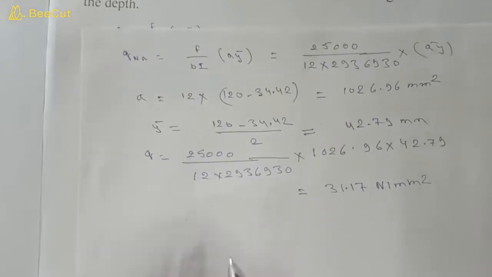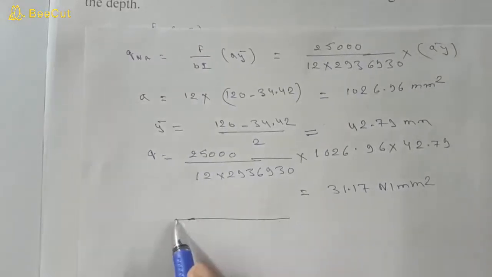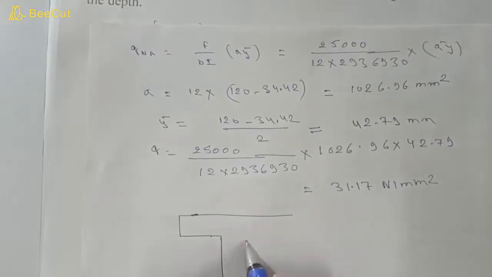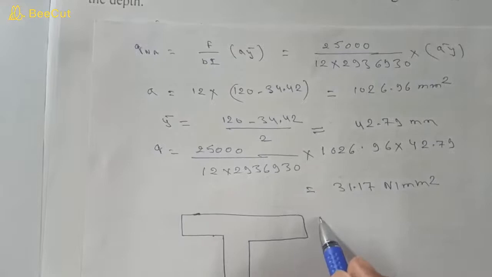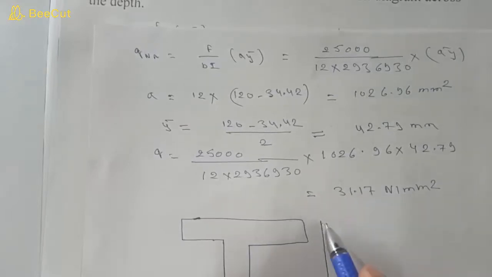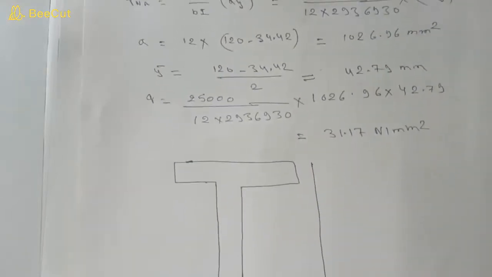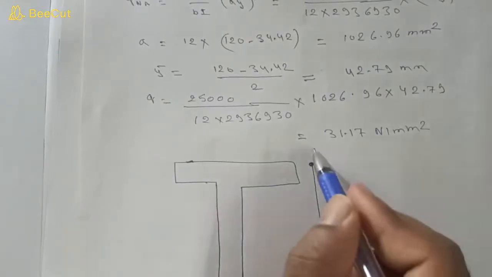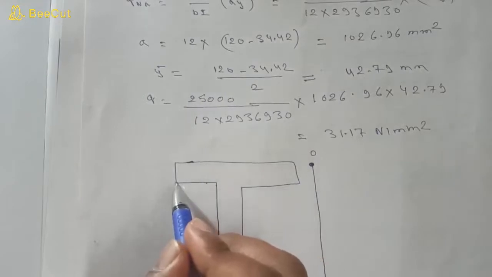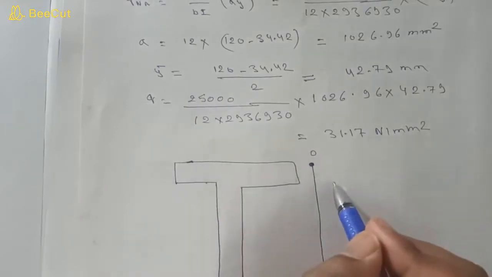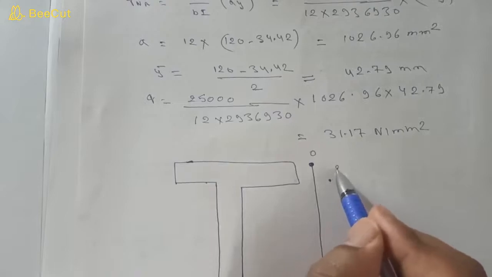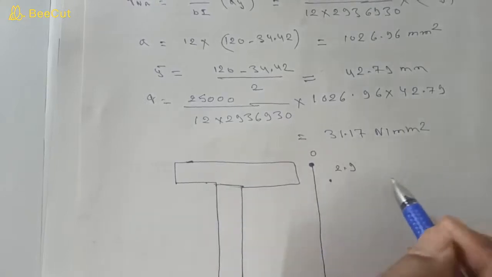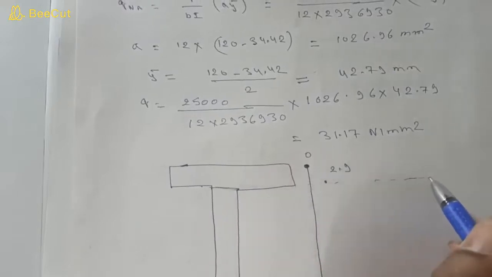So this was our T section. At the top and bottom flange portions we have calculated that the shear stress is 0, so here also it is 0. At this point we have calculated 2.9, so it will be 2.9, and at this point we have calculated 29 in the same line, so it is 29.